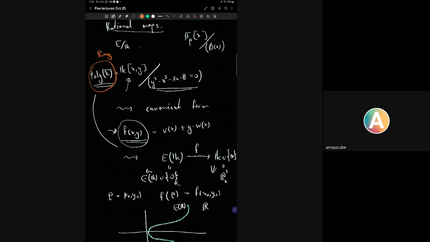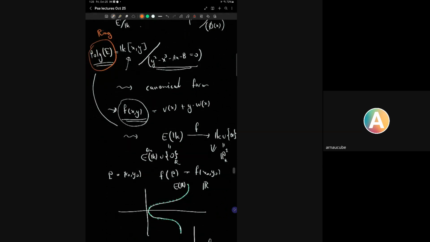So I would like to embed this ring into a field, kind of a minimal field. So the natural way to do it is to imitate the construction of the rational numbers. I mean, what do I do with the integers?